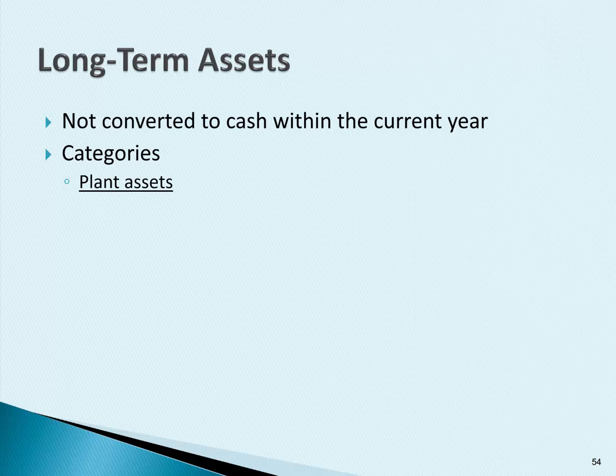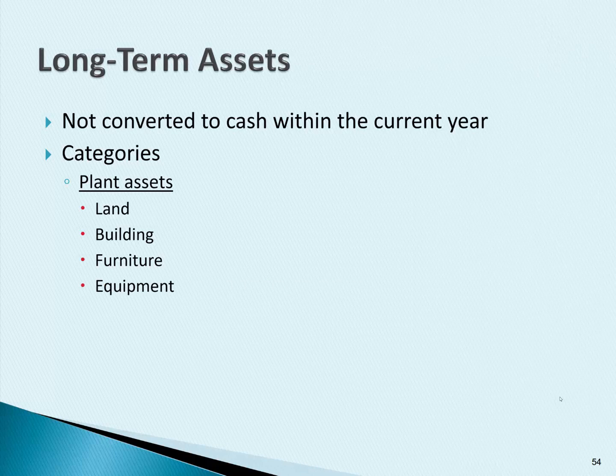These include land, buildings, furniture, and equipment. These are all not expected to be turned into cash in the next 12 months, so that's why they're considered long-term assets.